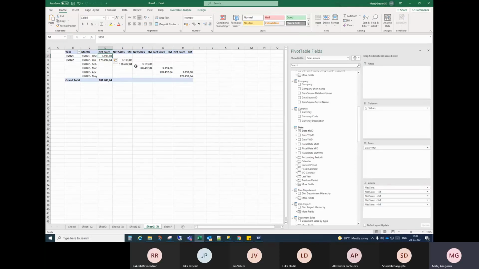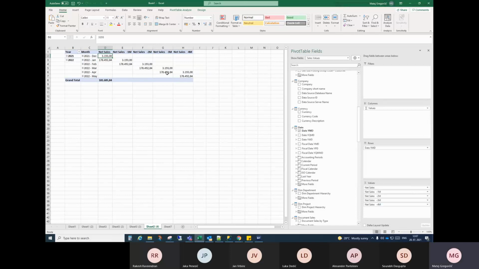And then we just go down the line. Of course, in February, we don't have any data, but in net sales minus 1 month, it will be the January net sales, and minus 2 months will be the December sales.